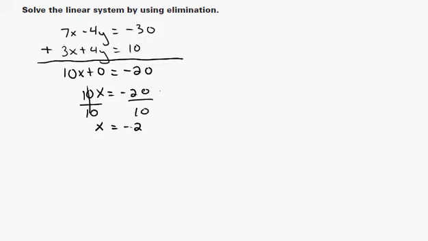So if I plug it into the second one, I have 3, and instead of x, I'm going to put negative 2, plus 4y equals 10. Well, I know 3 times a negative 2, that's just a negative 6, plus 4y equals 10. And then I have to add 6 to both sides to get rid of this negative 6.